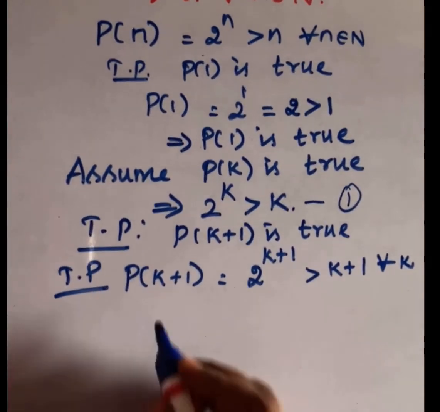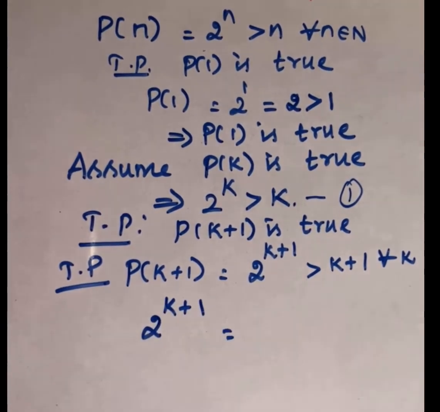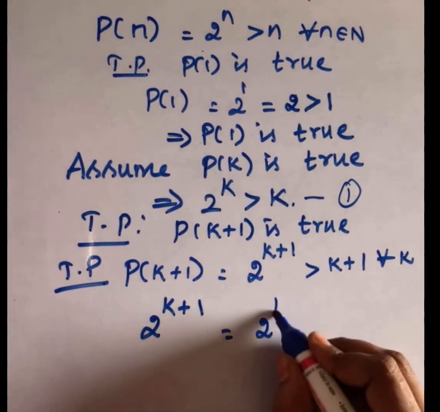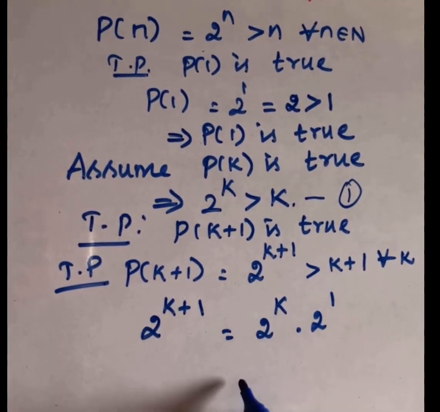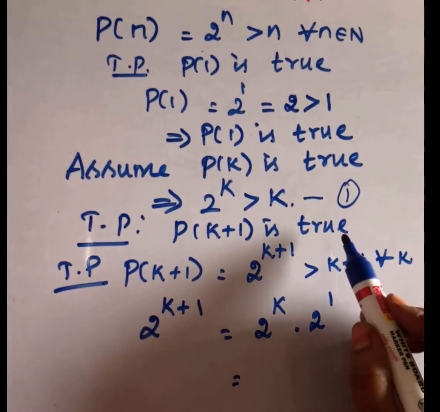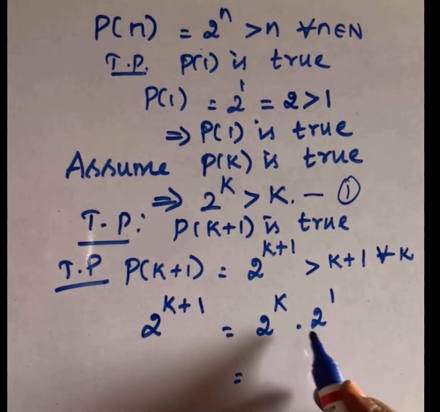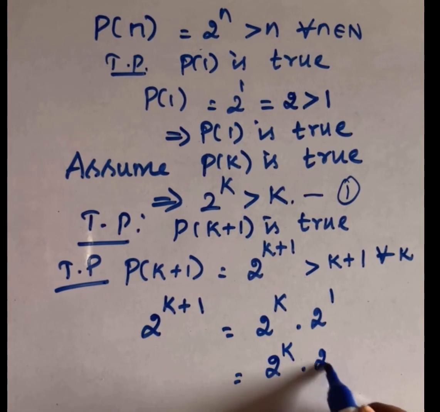Now I take 2 power k plus 1. I will write it as 2 power k into 2 power 1, that is 2 power k into 2.